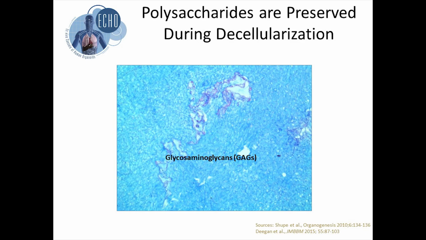Fortunately, the polysaccharides associated with that matrix also are preserved throughout the decellularization process. This is an Alcian blue stain, which shows polysaccharides, most of which are glycosaminoglycans. Glycosaminoglycans are polysaccharides that decorate extracellular matrix structural proteins and are able to bind growth factors.